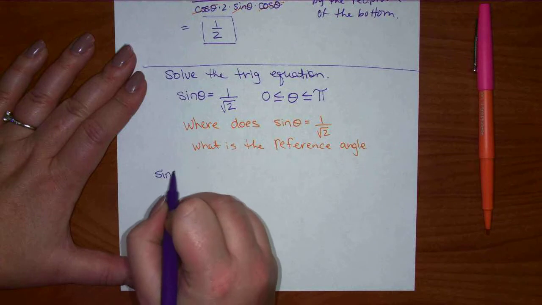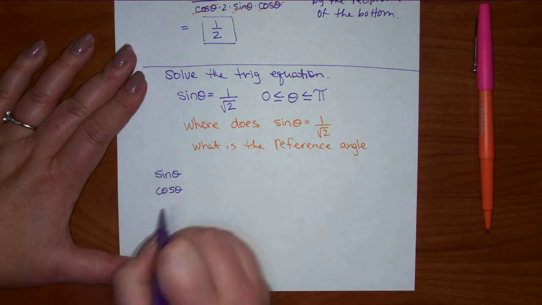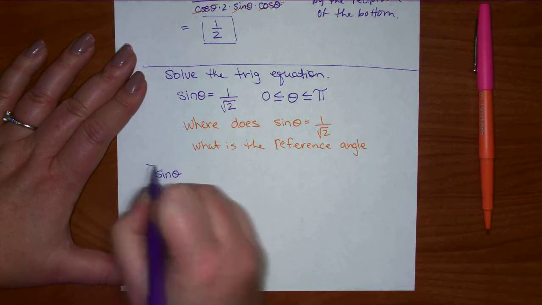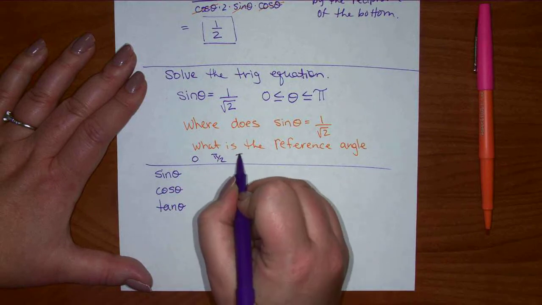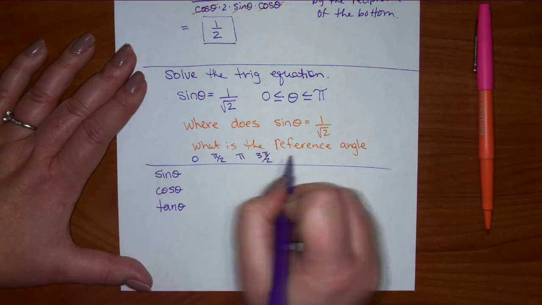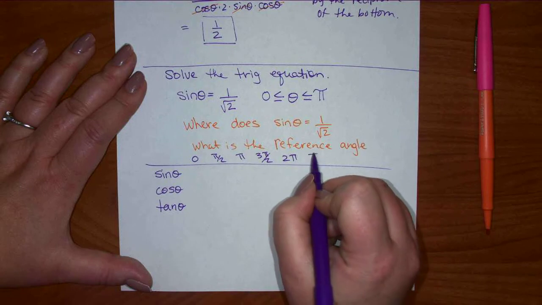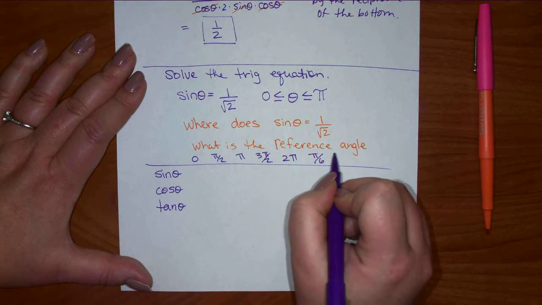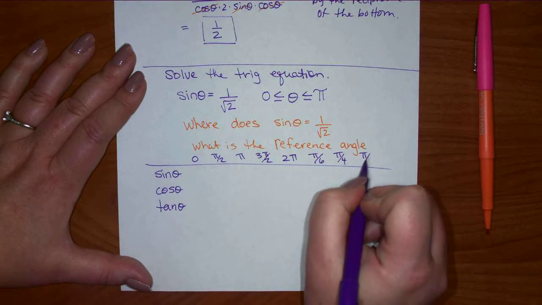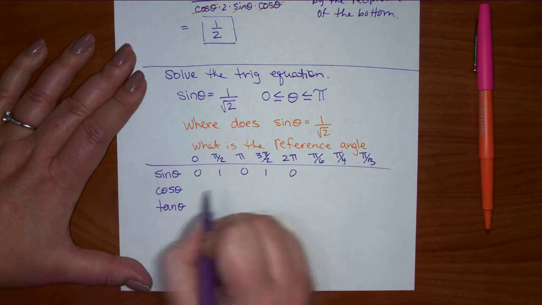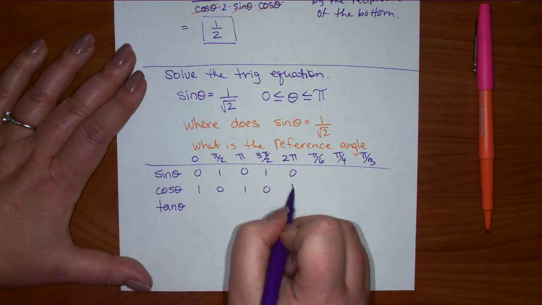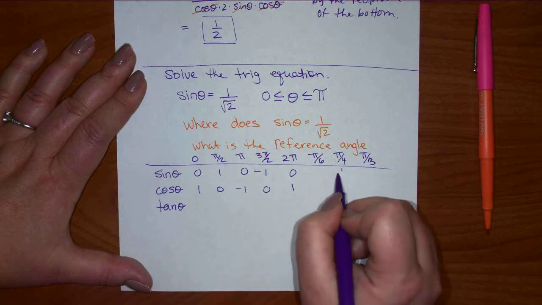So sine, cos, tan, 0, pi over 6, pi over 4, pi over 3, pi over 2, 0, 1, 0, 1, 1 over 2.